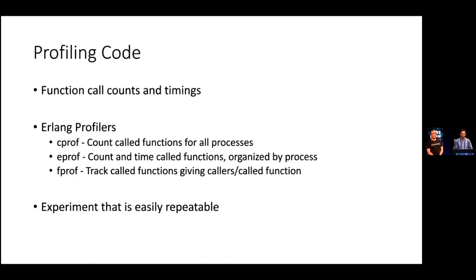I believe most of you are familiar with those. cprof will return how many times a function is called by all processes. eprof will return the same information along with how much time we spent in those functions, but the output will be organized by process. And fprof keeps track of the function calls, and it will give the callers and the called functions of each function.